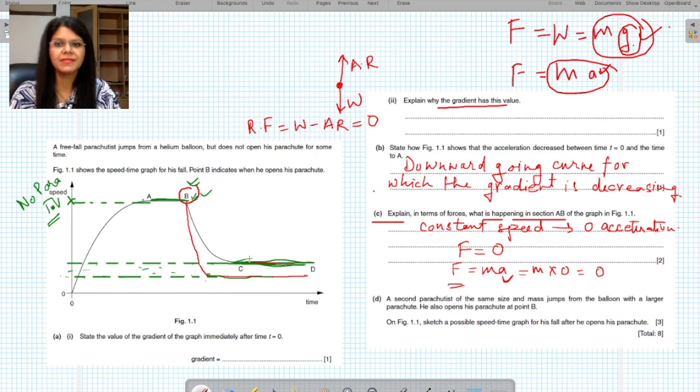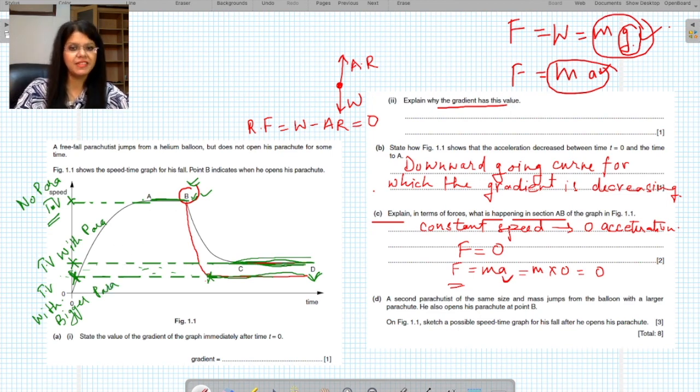You again attain a constant speed after some time, C and D. This is your terminal velocity again with parachute. But if you are using a bigger parachute, you attain a smaller terminal velocity, as in this section. This is the terminal velocity. We are talking about this point now, the last point, with bigger parachute.